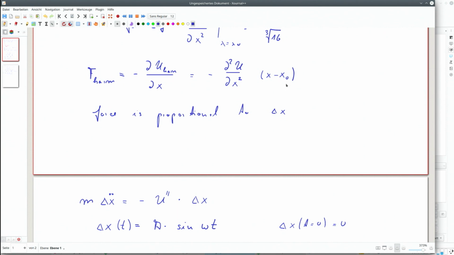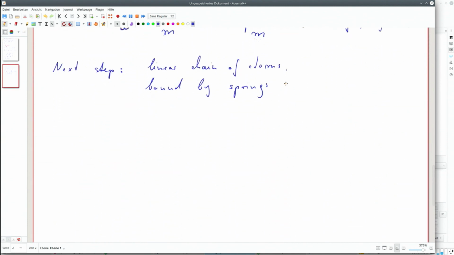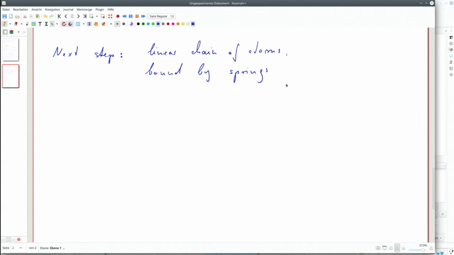That's why we call these harmonic forces, and this is typically described by a spring. So we make something like this. We have our atoms here, and they are connected by springs.